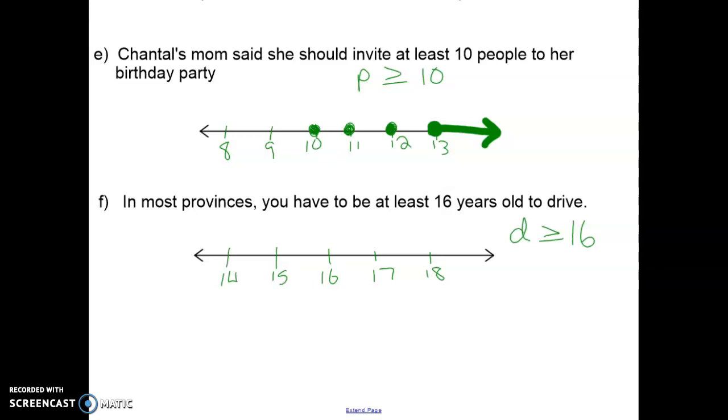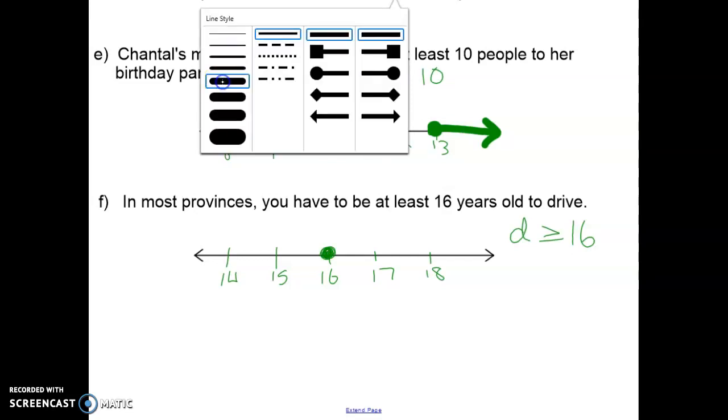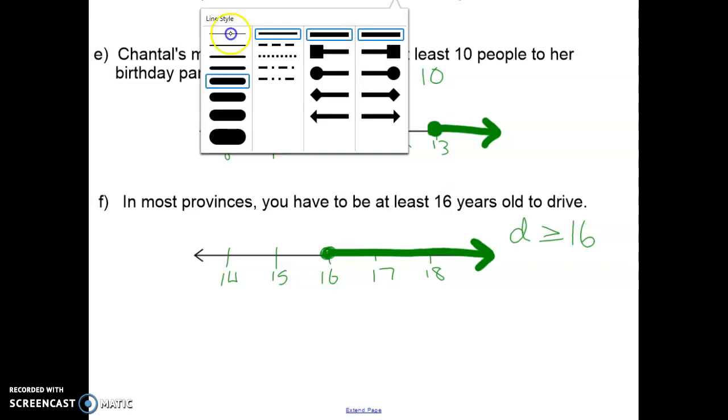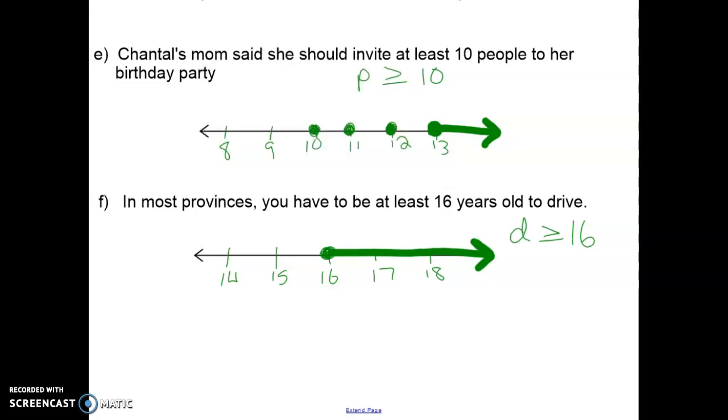If you've just turned 16, that also counts. So we're going to put our solid dot in. And we're going to shade to the right, because you can be older than 16 when you first get your license. So that one indicates the solution for you have to be at least 16 years old in order to drive.